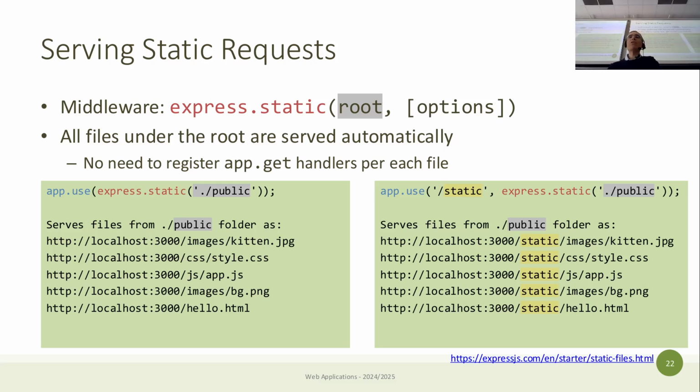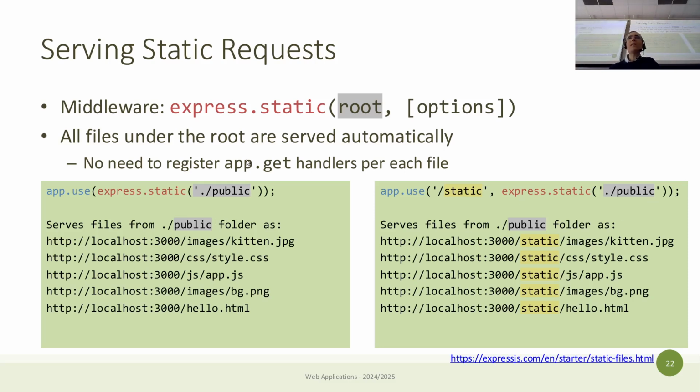So one of the common things you would like to do with web servers is just to serve all the files which are present in a certain folder on your computer, on the server. And this static middleware is meant to do this operation. Otherwise, you need to have a get for each single file, which is, of course, very inconvenient.